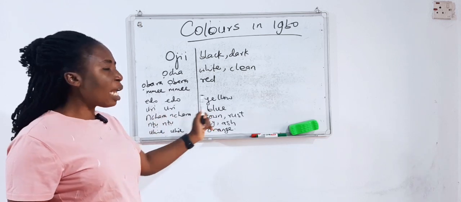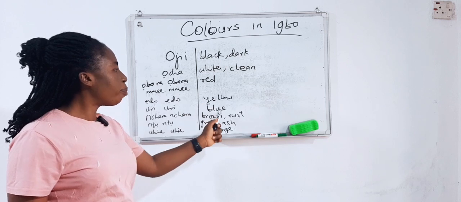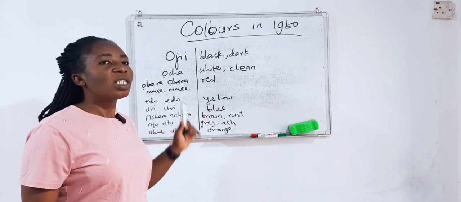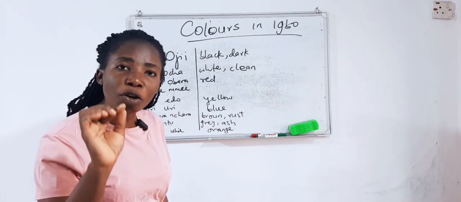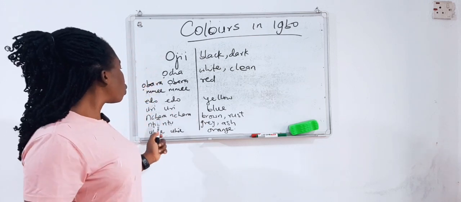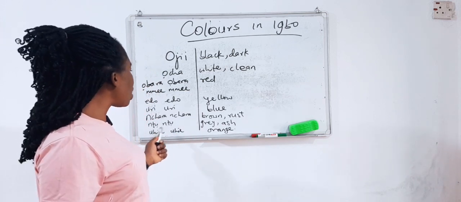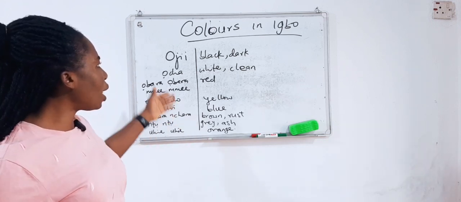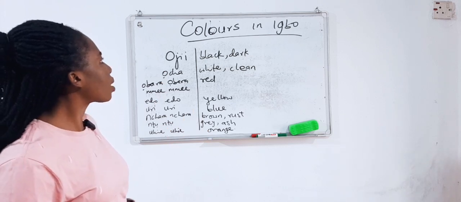Edo, yellow. Uri, blue. Nchara, brown. Nchara is rust. Nto, gray or ash. Uhie, orange.